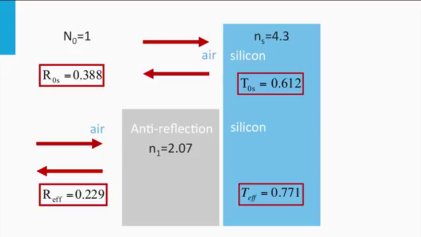For silicon and air at 500 nanometers, this leads to an optimum refractive index of 2.1. Note that in practice a solar cell is encapsulated under a glass plate. The glass plate will be beneficial to refractive index grading as well, reducing the reflection losses further.